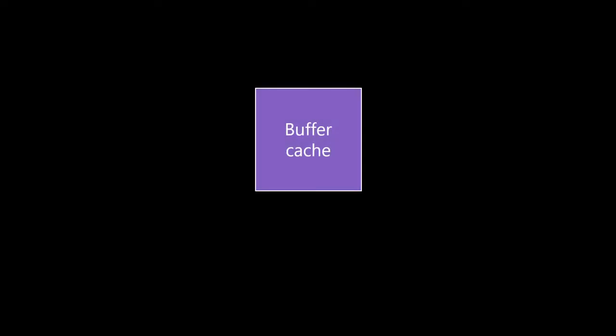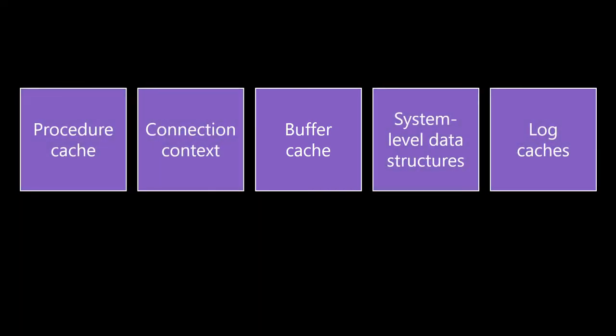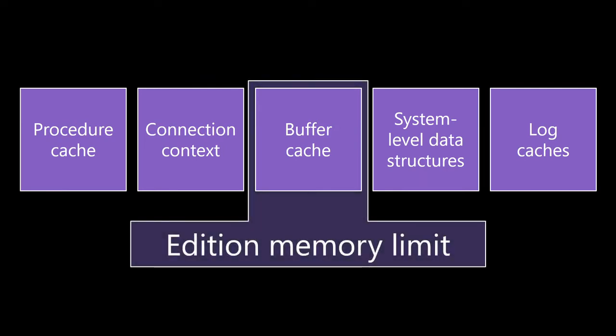No, that's the thing. So when we think of memory, we think of the buffer cache. This is where the magic happens, right? But there are so many other things in SQL Server that require memory that is not specifically the buffer cache. And this means that the edition memory limit only applies to the buffer cache.